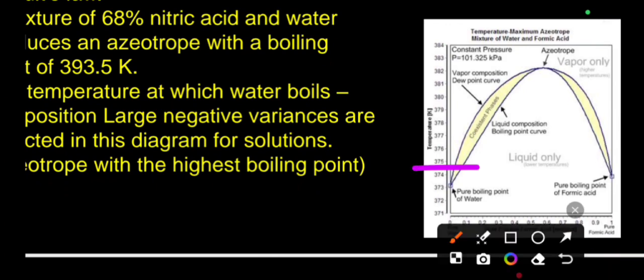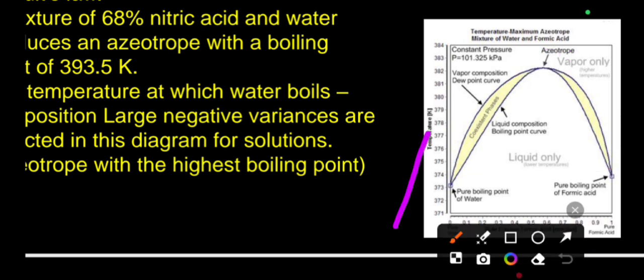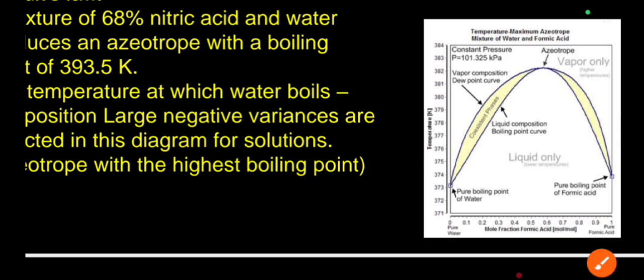Here the boiling point of water and the boiling point of formic acid are both less, but after mixing the boiling point increases. But at what composition? At fixed composition. At fixed composition, if the boiling points become a single point, then it behaves as an azeotrope. So this azeotrope topic is very important.